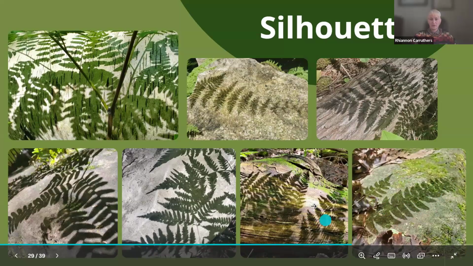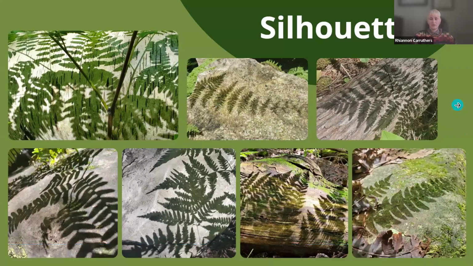We can see that this one is more divided. So having shadows like this can really give you an idea of the fern without being too distracted by the leaves. Here we can see this is a nice long fern. You can see that it's got that really wide base and then tapers. So it's a good way just to practice looking at ferns.